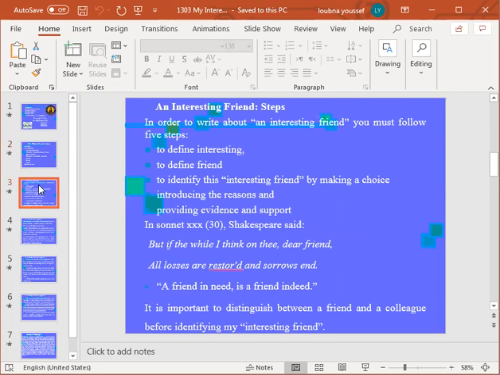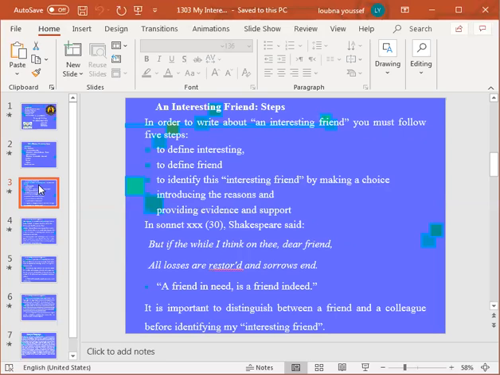Now, the steps to write about an interesting friend are 5. The first step is to define the word interesting and the word friend. If you are asked to write about a friend without the use of the adjective interesting, you will simply discuss friendship and what a friend means to you, and how a friend is a person that you can rely on and that you can trust.